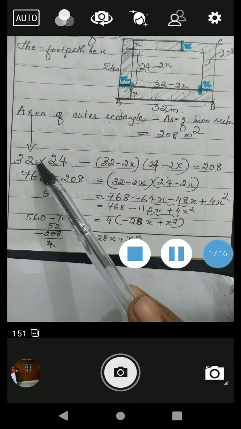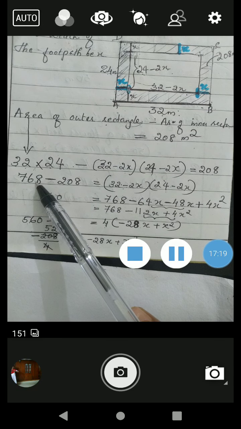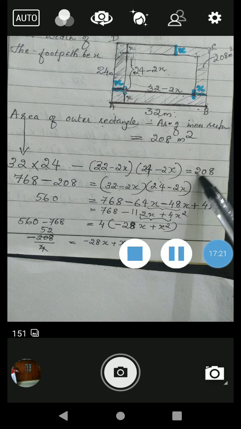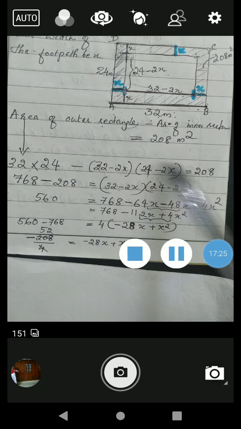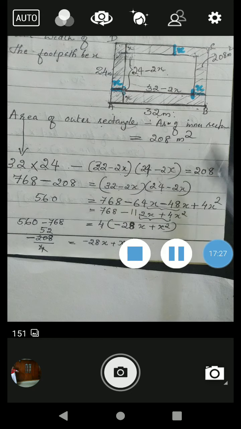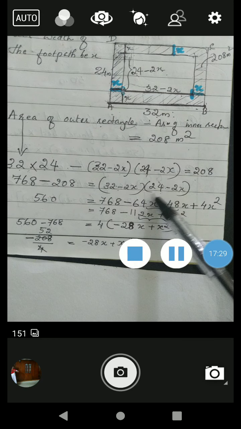That is, the product 768, minus, transpose 208 to the left side, and this whole part together to the right side, transpose.